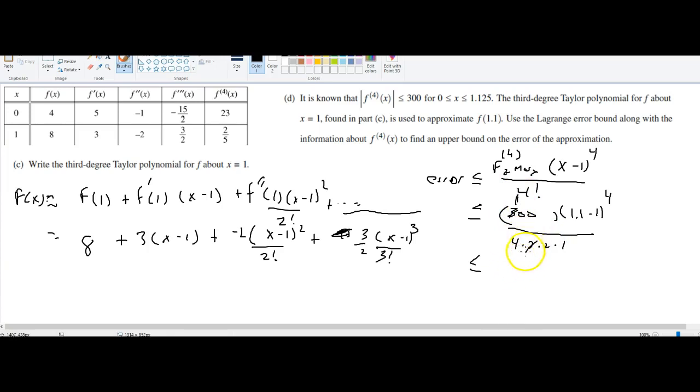So I end up with 100 times 0.1 to the fourth power, all over 8. With a little more work, a tenth of 100 is 10, a tenth of a tenth is 1, so this is 1/100th over 8. And so 1 over 800 has to be greater than or equal to the error in this problem.